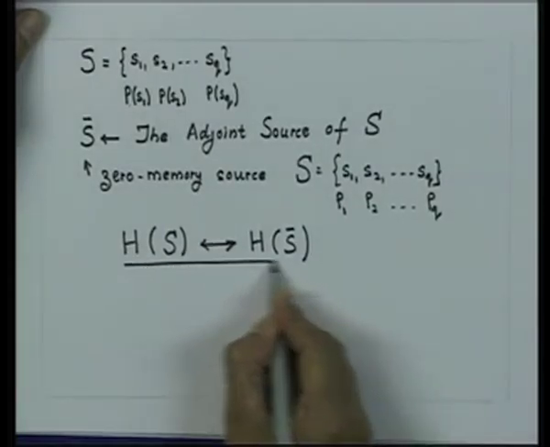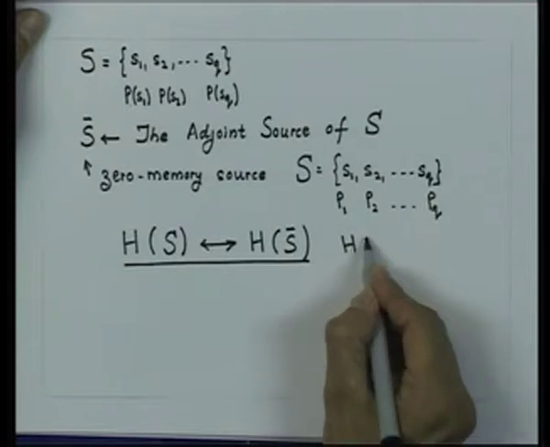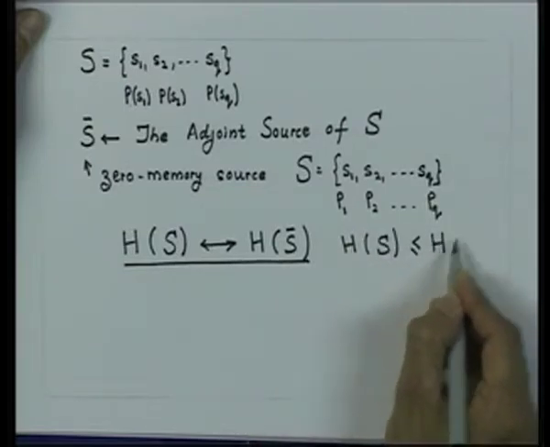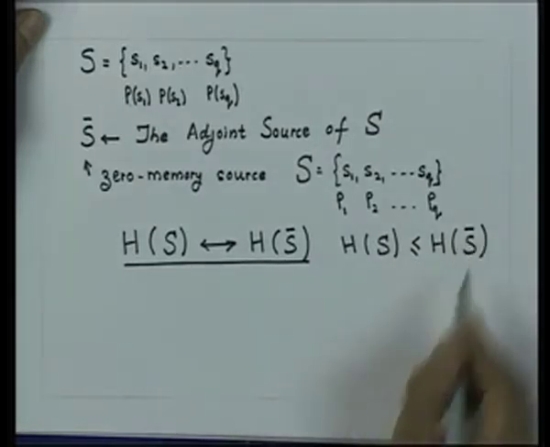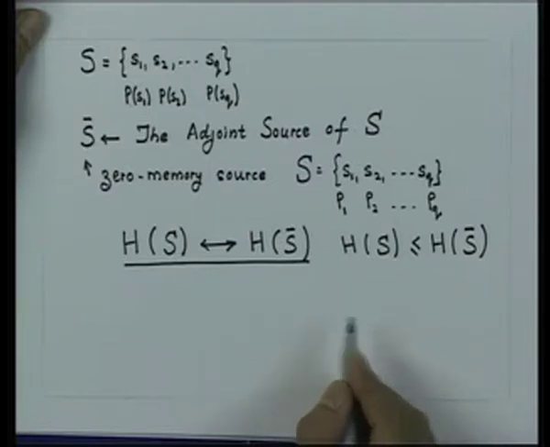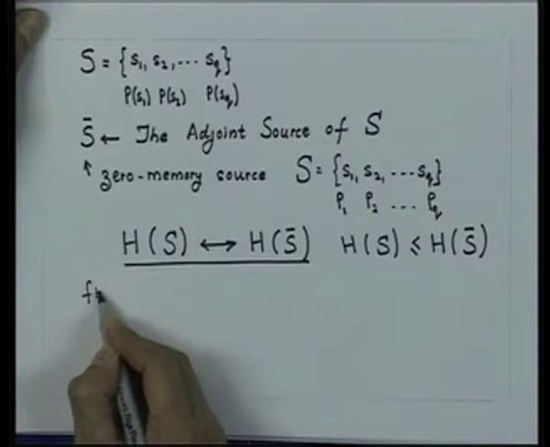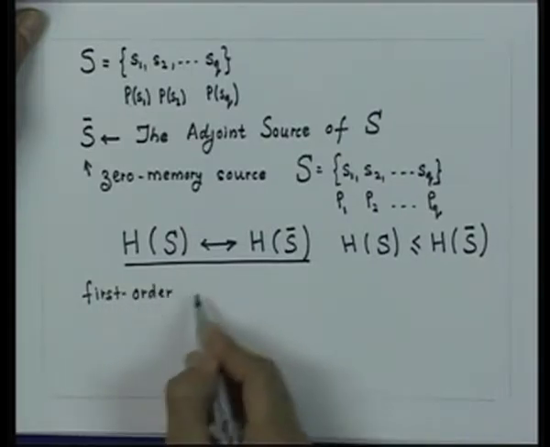Now, to calculate this relationship, which we said would be of the form HS is always less than or equal to HS bar, I will assume that my source S is a first order Markov source.